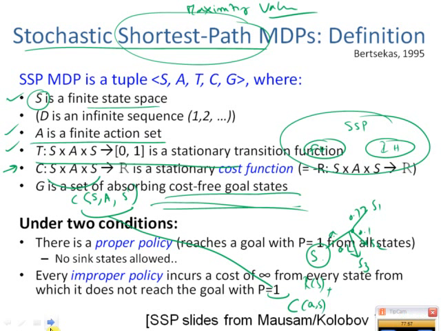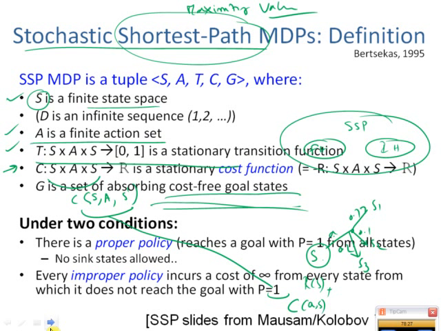What I'm saying is you did see a policy that was improper. But the question is, I can generate MDPs where in fact all policies are improper. In which case, there is no point in talking about optimal policy. If there exists at least one proper policy, then you are in business.